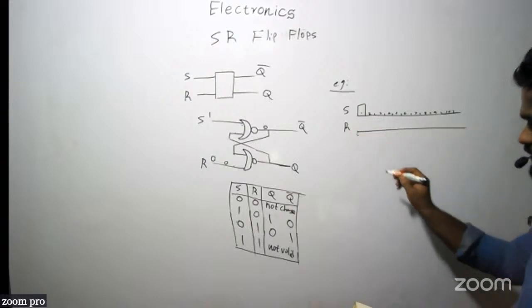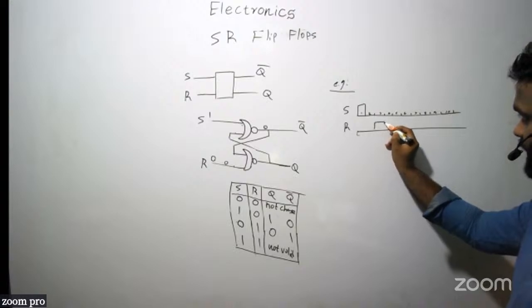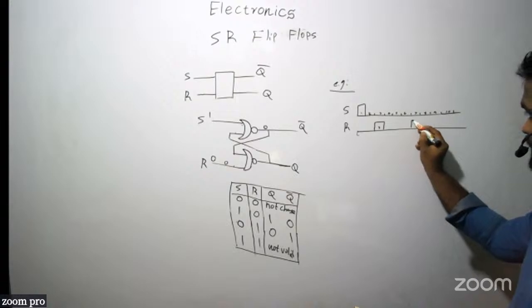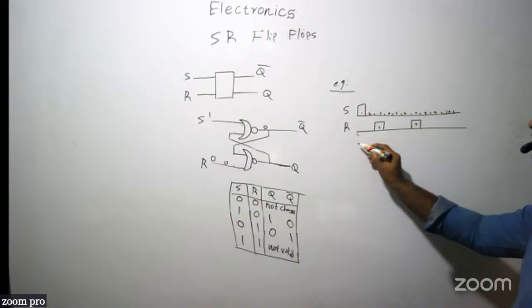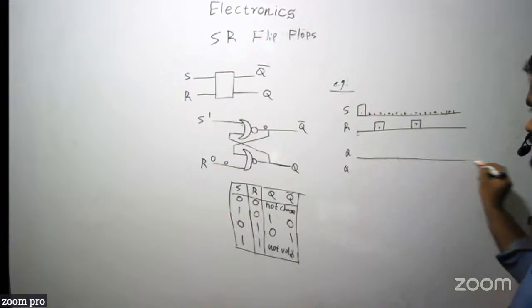Then here it is 3, here you get 7. Then you need to fill out this one. What is the output, Q and Q bar?